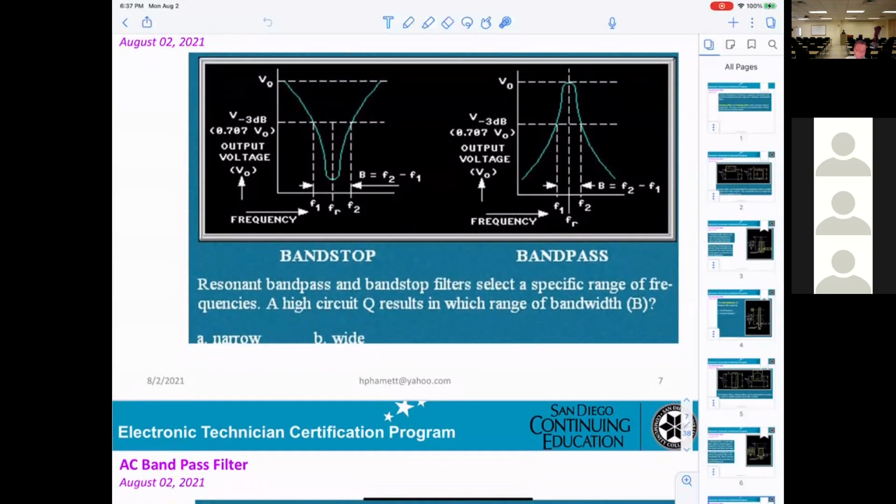High Q or low Q. Now they say high circuit Q results in which range of a band pass? That means they're telling you they get a high Q. Then what is the range for the bandwidth?